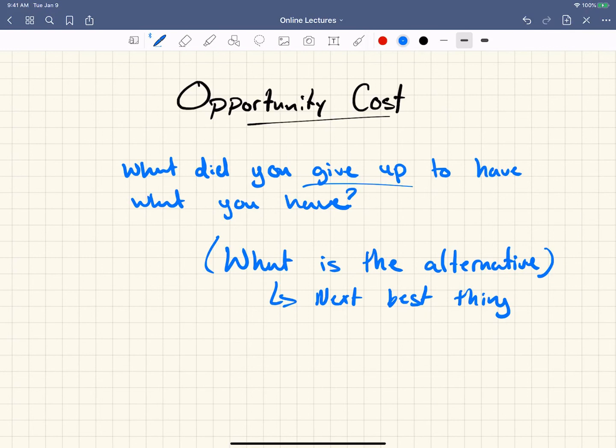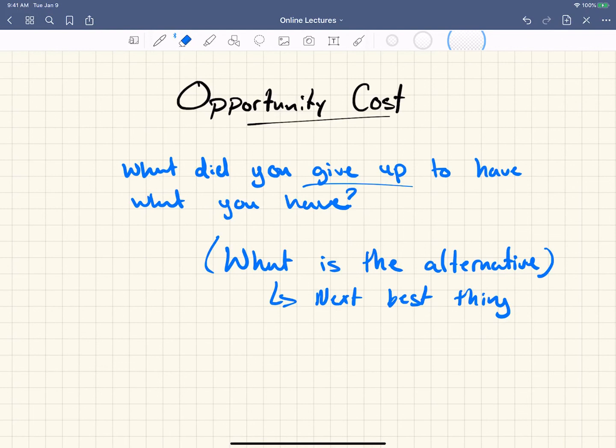The opportunity cost is not all of those options. It's whatever option you would have done had you not done the thing you did. Your opportunity cost is not everything you could possibly do. It's just the next best alternative that you gave up. Okay, this is the basic concept of opportunity cost.